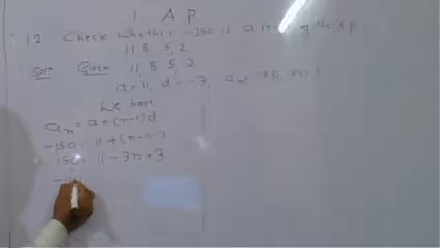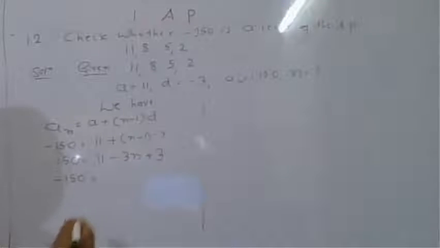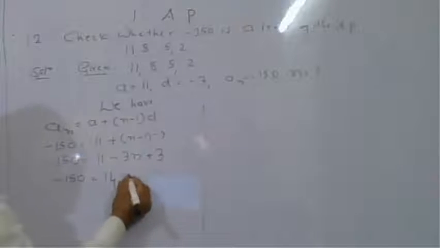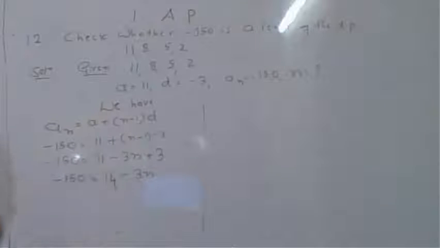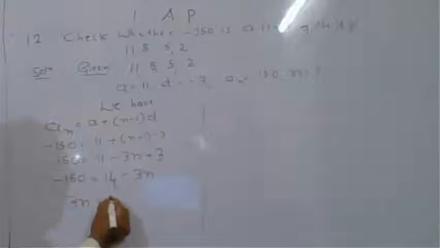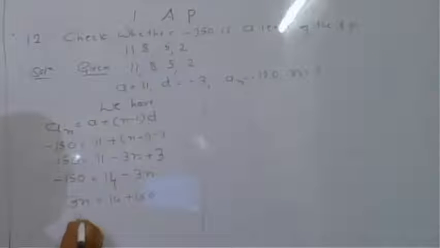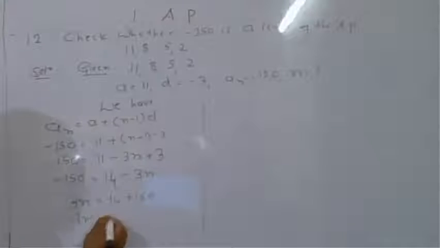Minus 150 is equal to 11 plus 3, which is 14, minus 3n. Take 3n to the left and minus 150 to the right. You get minus 3n becomes plus 3n is equal to 14 plus 150. So 3n is equal to 150 plus 14, which will be how much? 164 or 64? 164.